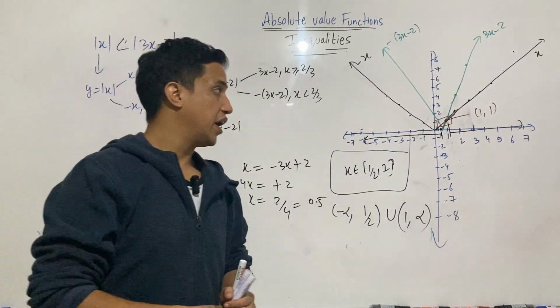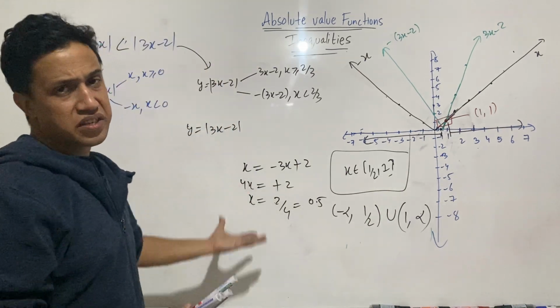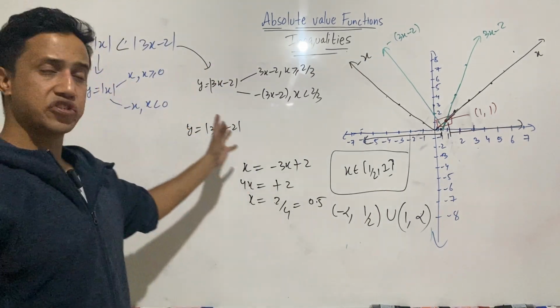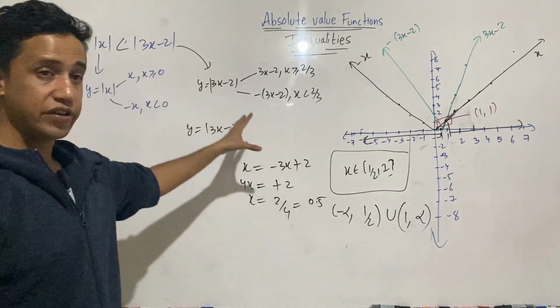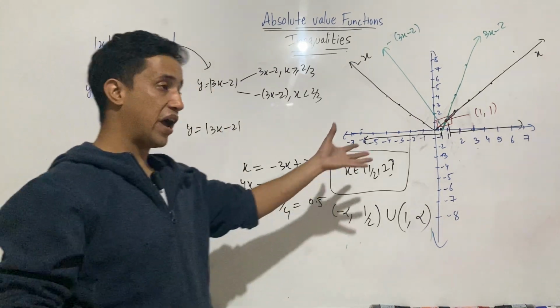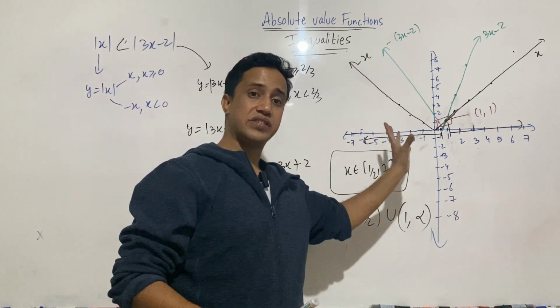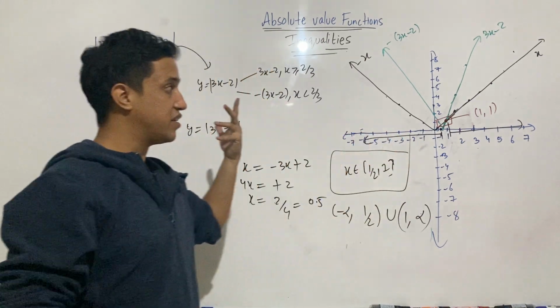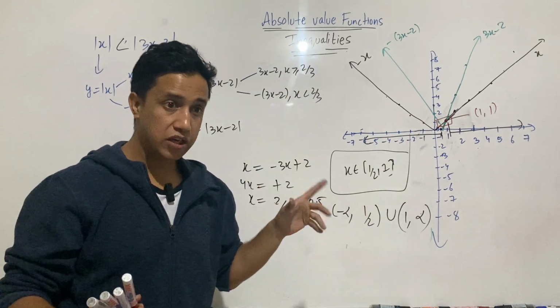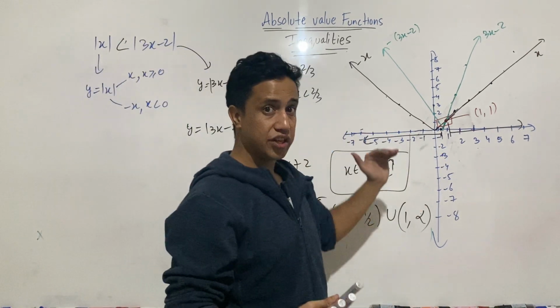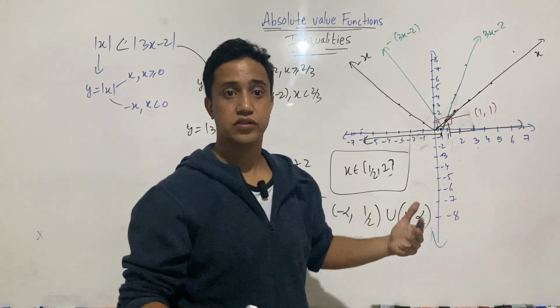You can see the process is the same. You have to solve each function individually first, then draw the individual graphs, and then carefully notice the region that lies above or below. Okay, so that's it.